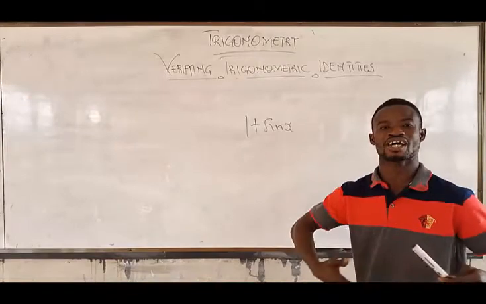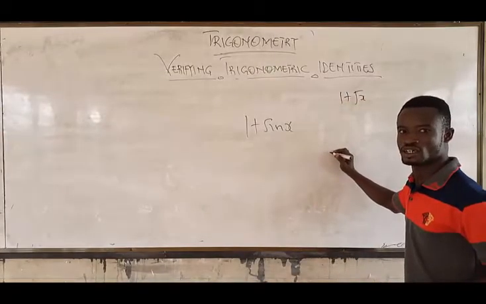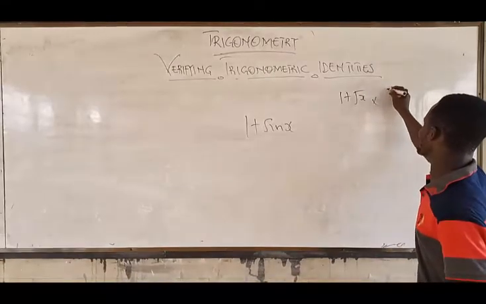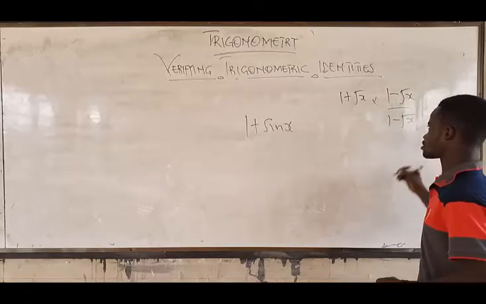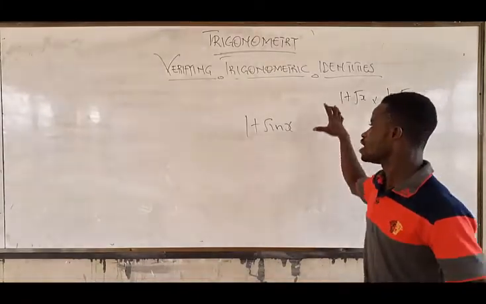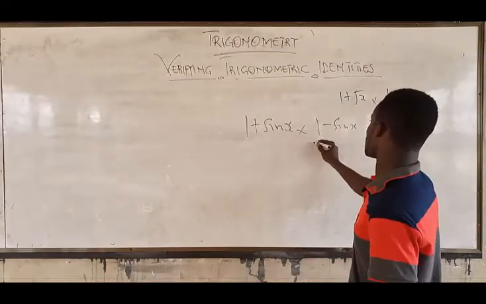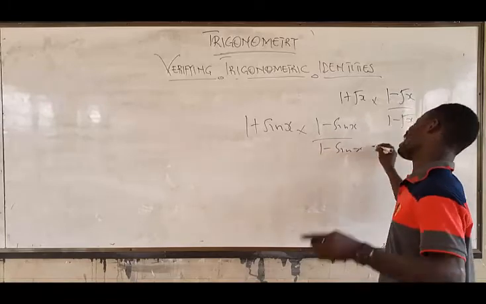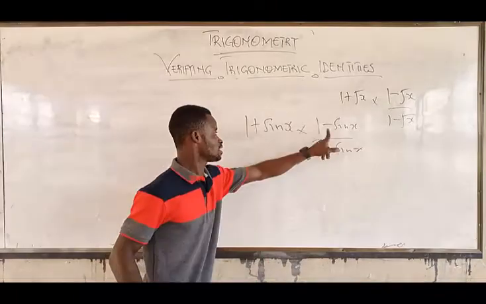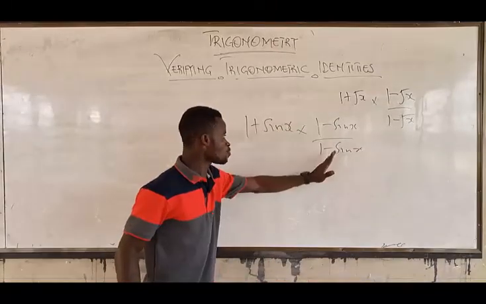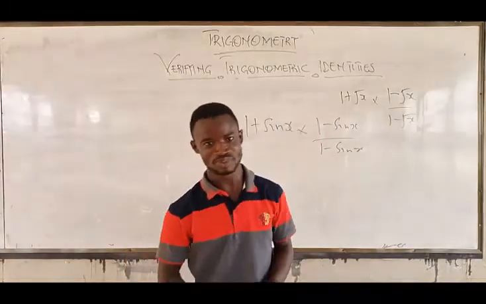If you have 1 plus square root of s, we can rationalize it by multiplying by 1 minus square root of s over 1 minus square root of s. In the same way, if you have this in your expression, you can multiply it by 1 minus sine x over 1 minus sine x. In fact, you don't change anything, because multiplying by 1 is still the same thing. That is mathematics for you.